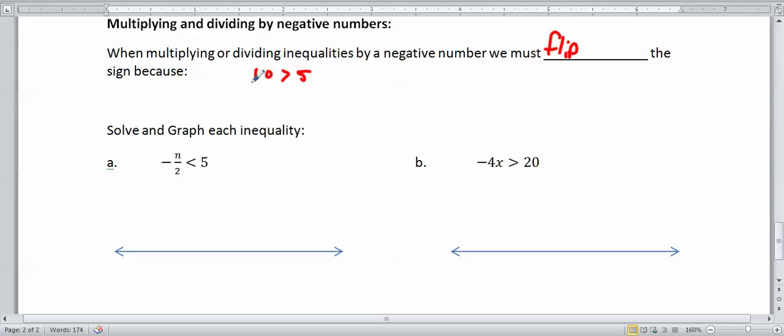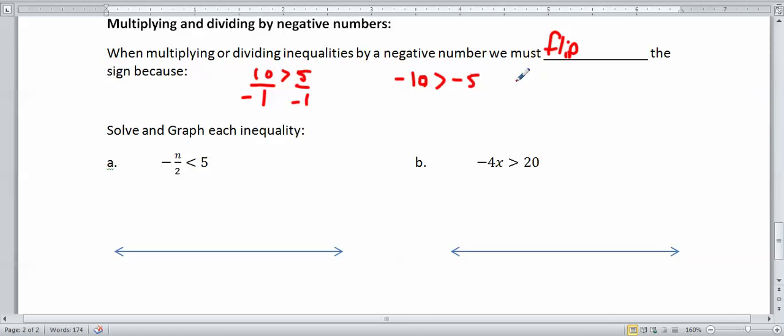Now if I follow my rules of equality and I divide both sides by -1, I get -10 is greater than -5. Now I followed my rules, I divided both sides by -1, but is this true? Think about that for a second.